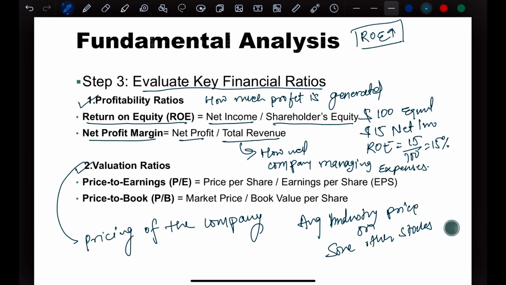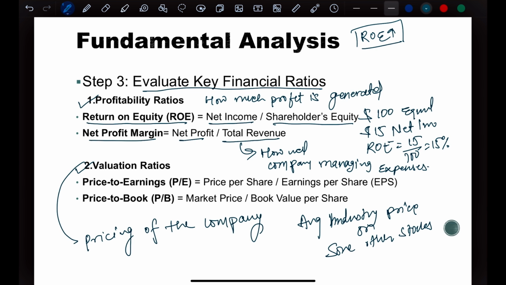Now, the valuation ratio cannot be seen in isolation because it is a ratio and it needs to be compared with something else, which could be the industry average or some other share in the same industry.